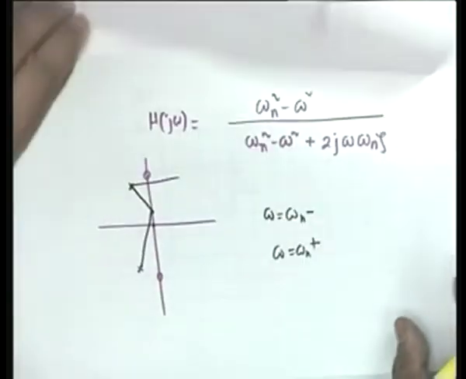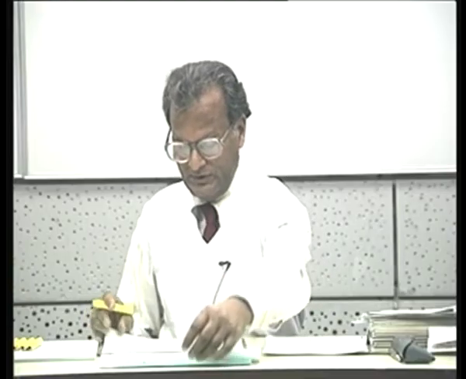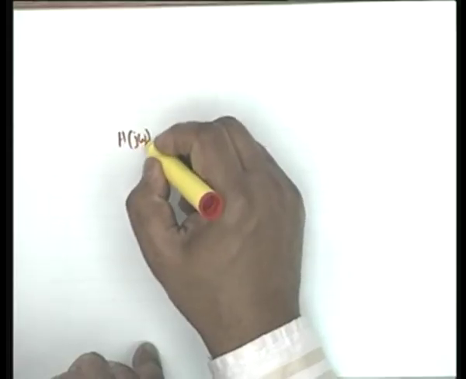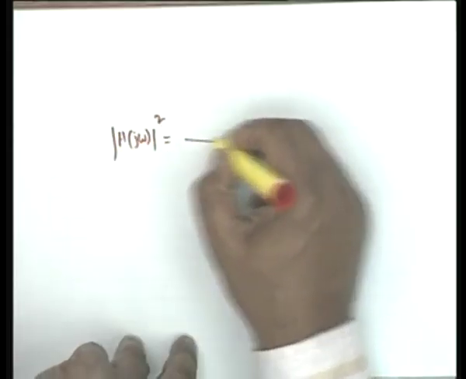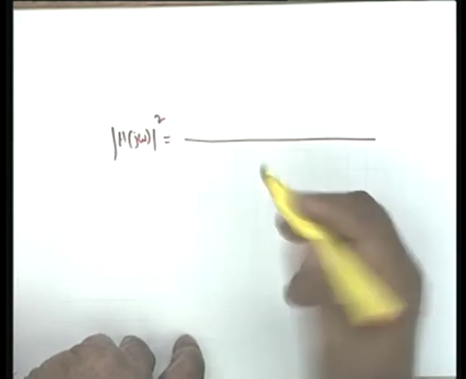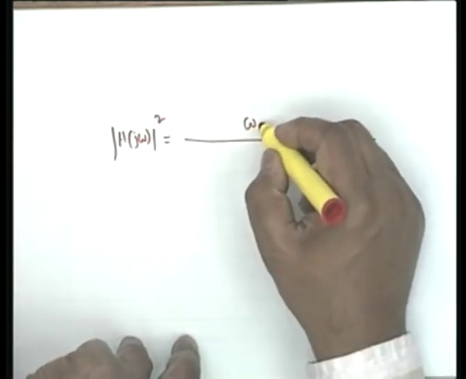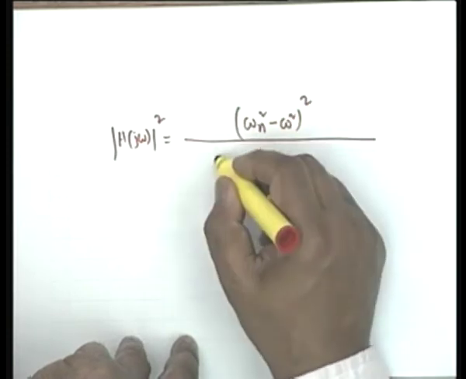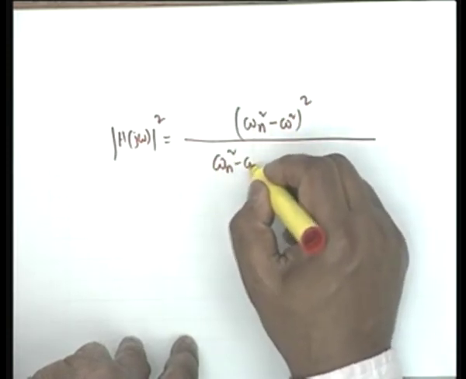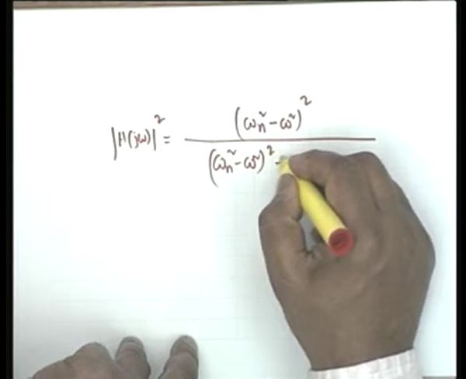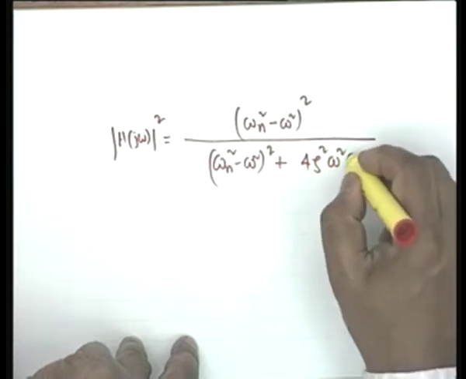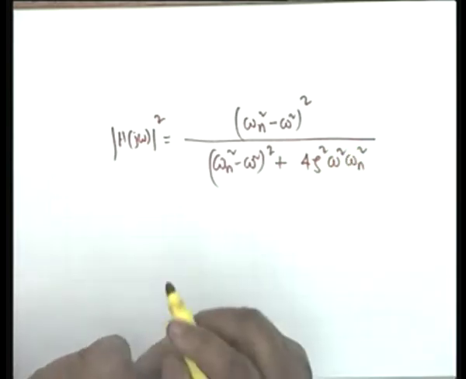In order to do that, we look at the magnitude again. If you recall, the magnitude of H of j omega squared, I am taking the square so that I don't have to work with square roots, is (omega n squared minus omega squared) whole squared divided by (omega n squared minus omega squared) whole squared plus 4 zeta squared omega squared omega n squared. Is that okay?